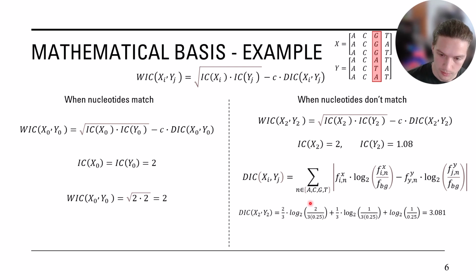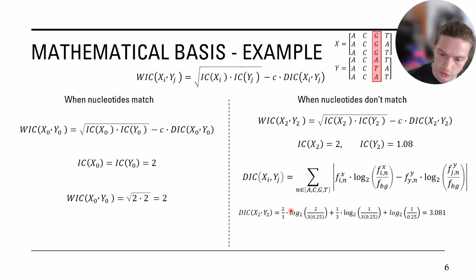So here, this is for A for both of them. If you think about the X motif, there's 0 A appearing, so the frequency here is going to be 0. So essentially this is just the Y, and that's where you get that 2/3 from.